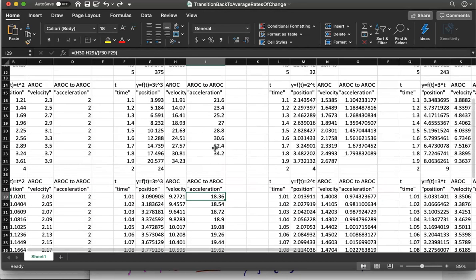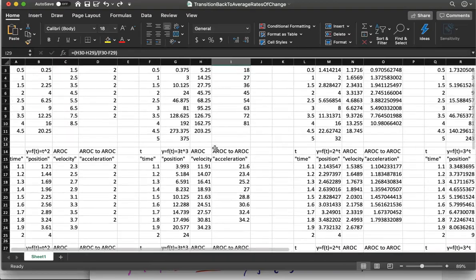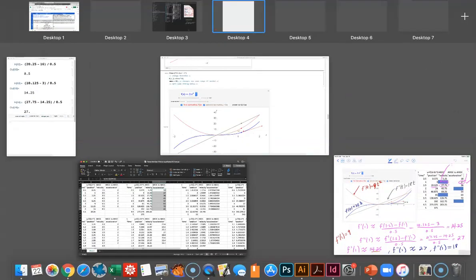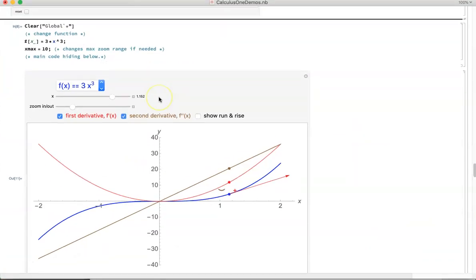So that is what makes a function not have a constant acceleration: we're getting different numbers in the acceleration column because this function 3t cubed has a second derivative that is not a constant.